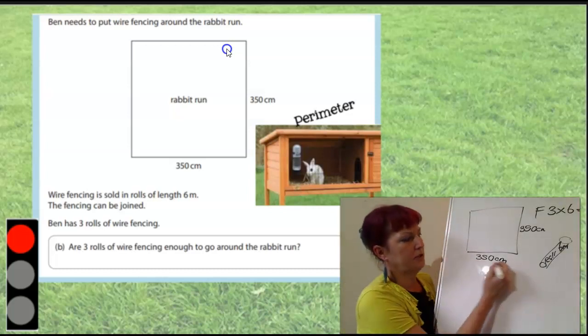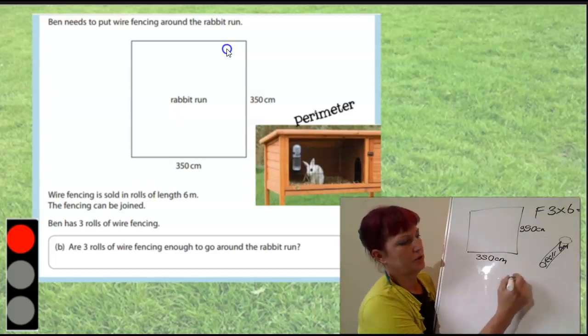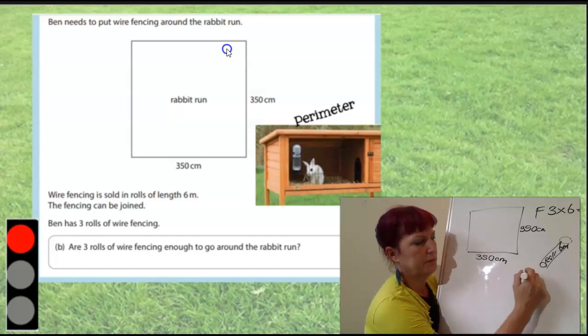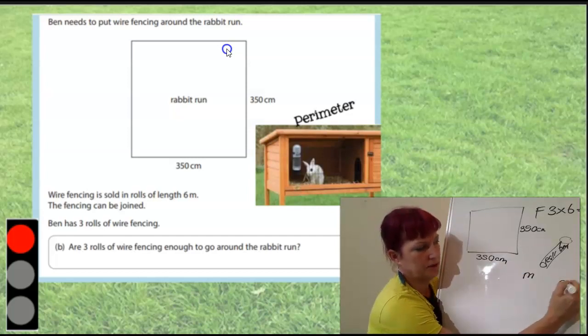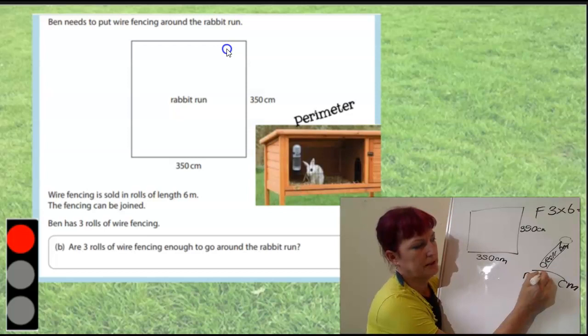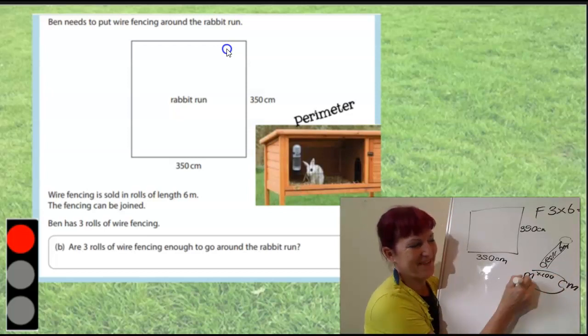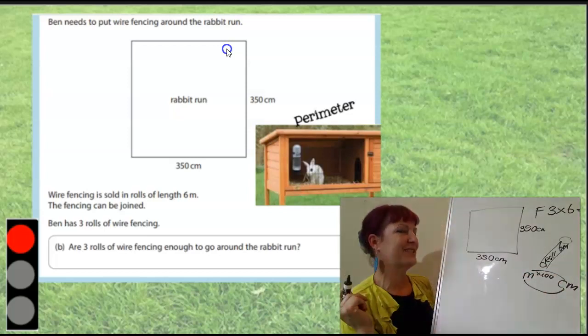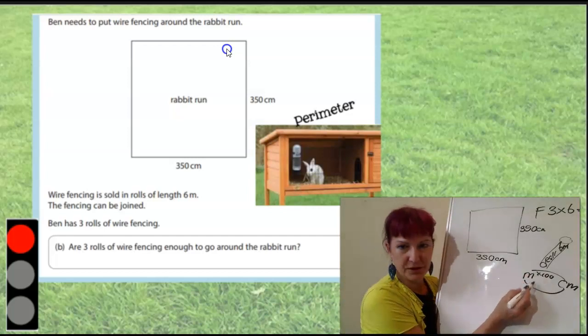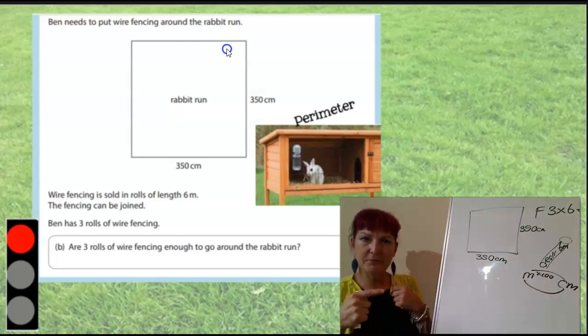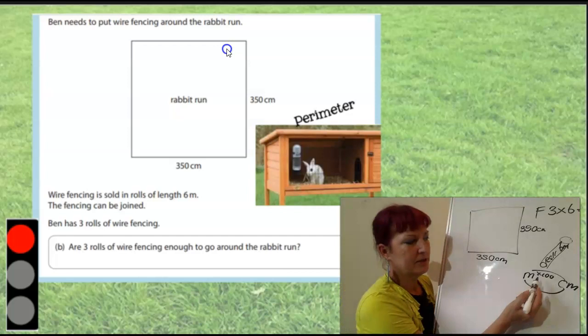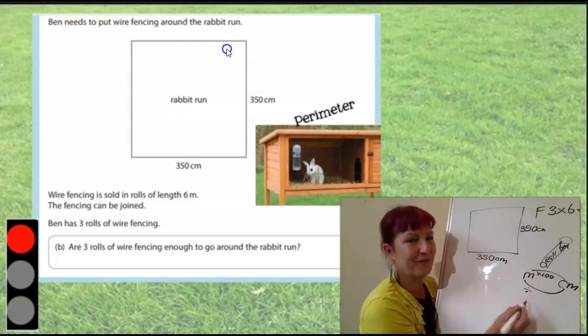Right, I'm going to change this into metres. So 350, or remember my metres to centimetres, times 100. And then when you go from centimetre to metre, you do the opposite. Remember, plus and minus are family, times and divide are family, or opposites.